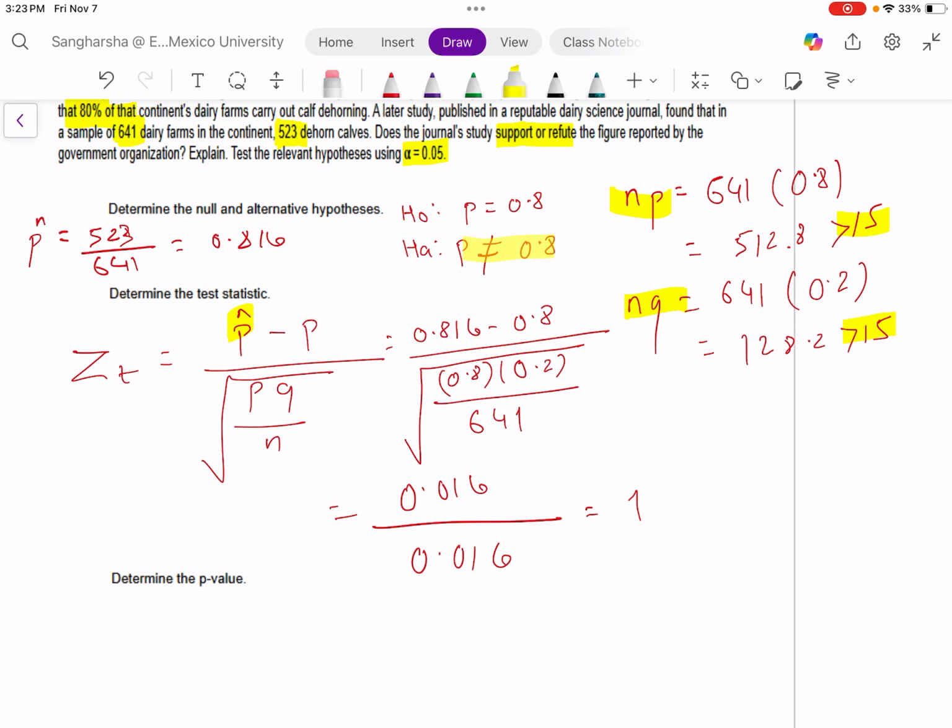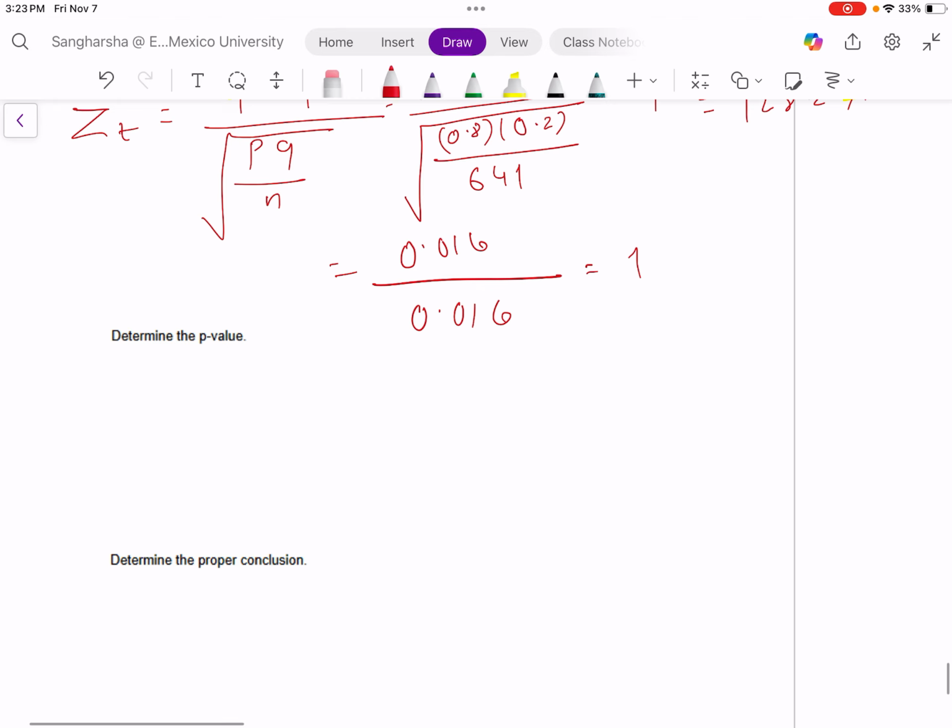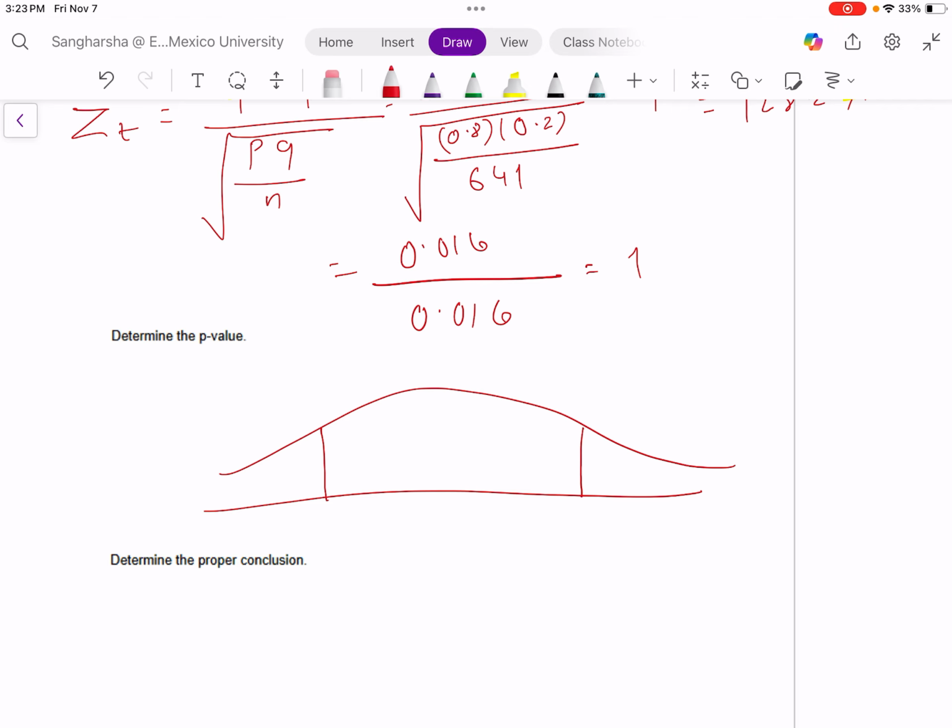This is a two-tailed test, so our p-value would be on two sides. The test statistic is 1 and negative 1, so this area and this area is our p-value. Let's find this area from the normal table.